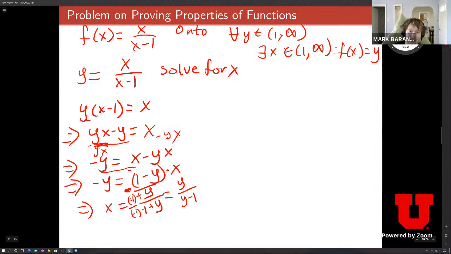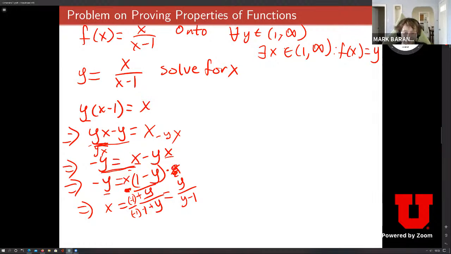So that's how I got to here. And then right here, we have minus y equals 1 minus y times x. This is because I factored the x out to the right-hand side.